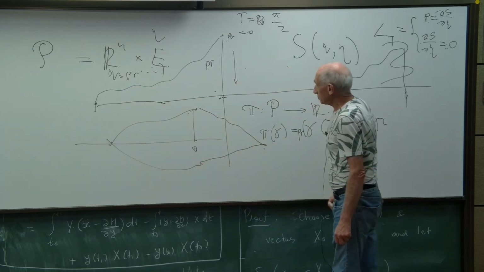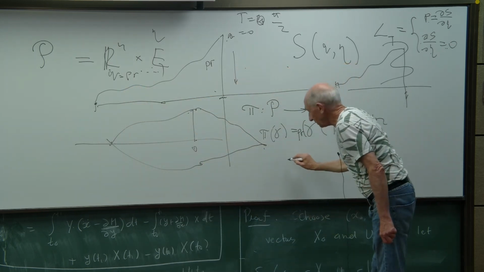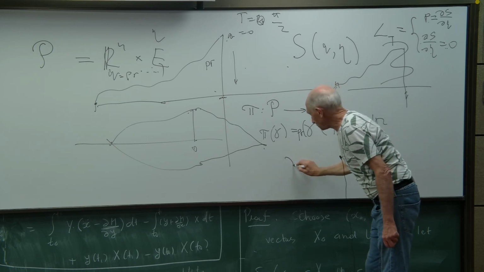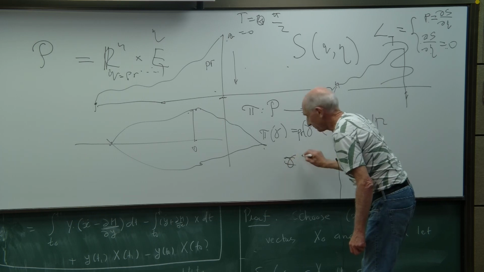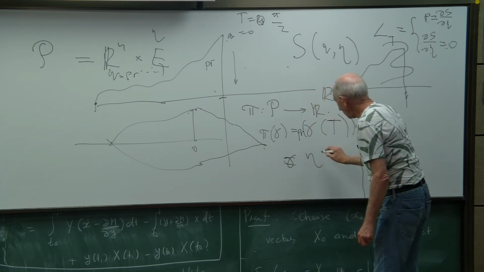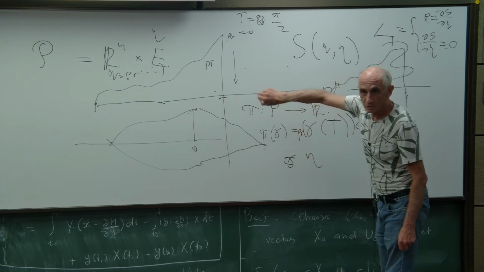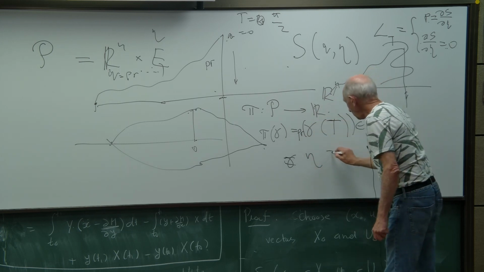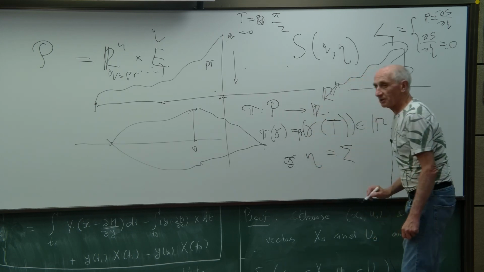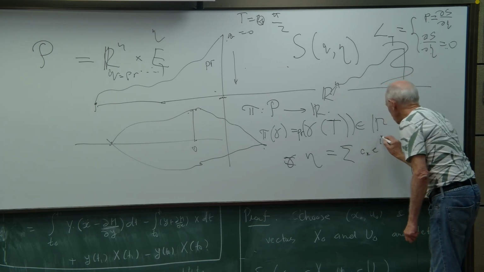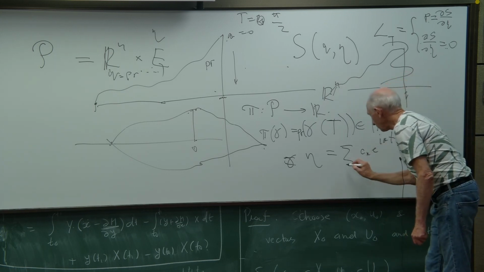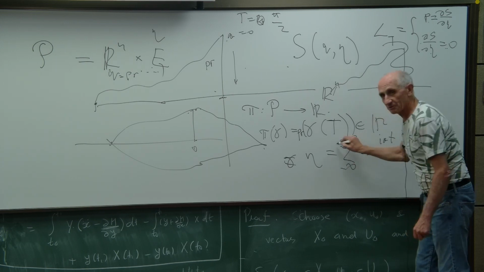Then I take any such loop, call it eta, and write it as a Fourier expansion: the sum of c_k e^{ikt} from minus infinity to plus infinity.